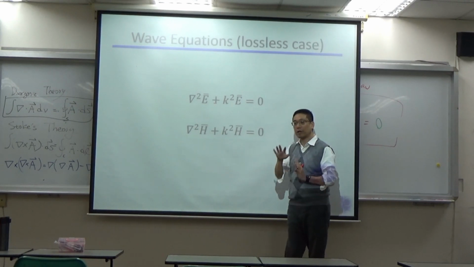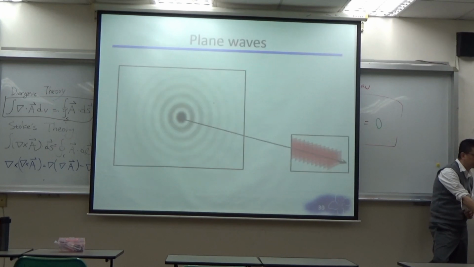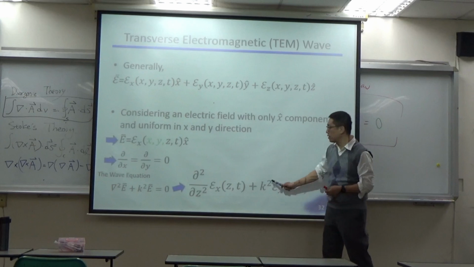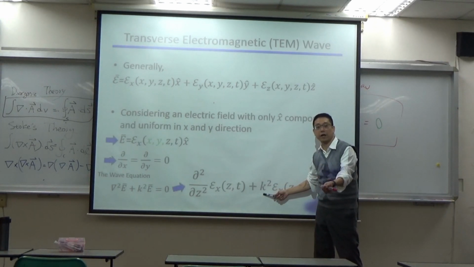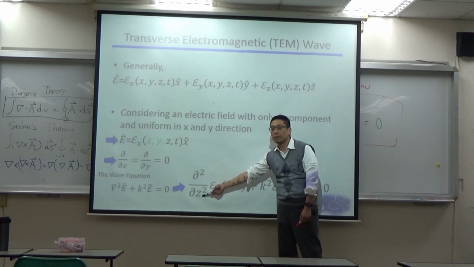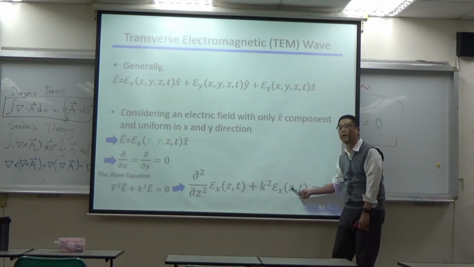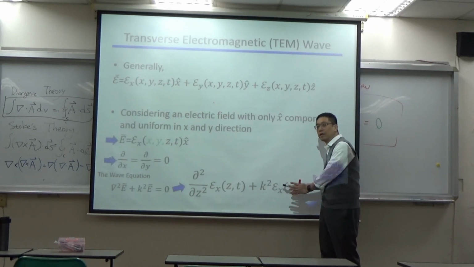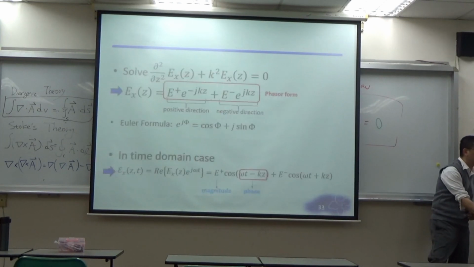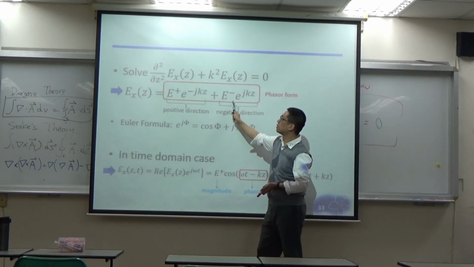Okay. Then I got my scalar equation. I obtained a scalar equation on this one. And this is easy to solve from your calculus class. You have something, take it twice, partial differential, plus some k squared. Okay. The solution of this equation is this.